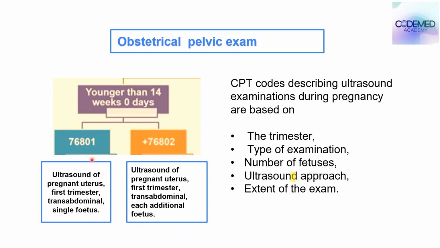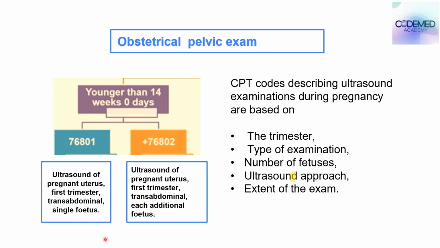The first code is 76801. It is ultrasound of the pregnant uterus, first trimester, transabdominal, single fetus. And this is the add-on code for each additional fetus. So if it is a pregnant woman, I will write 76801 and 76802 because it is very clearly given.